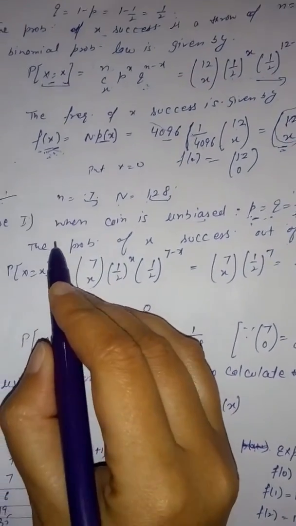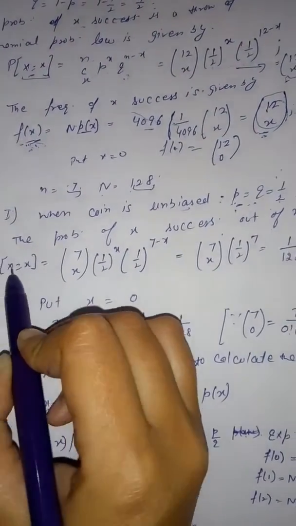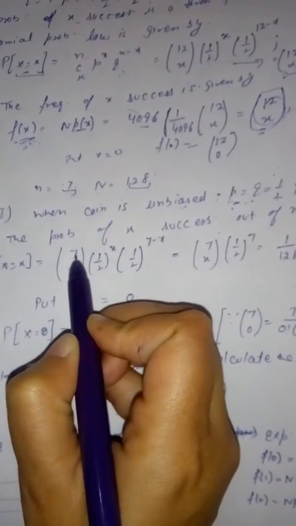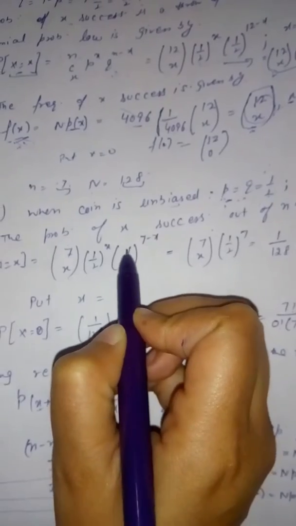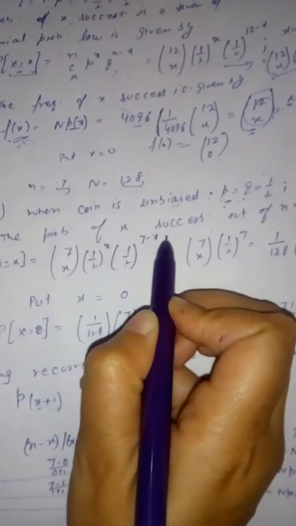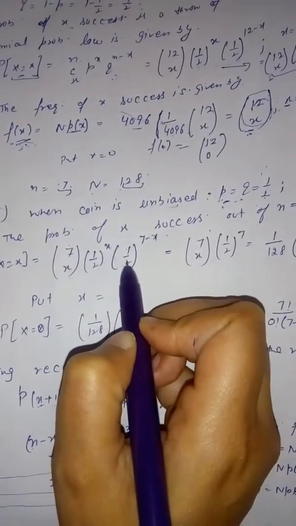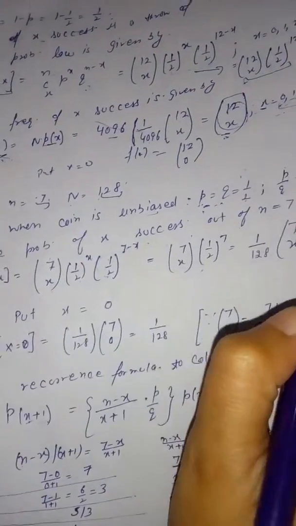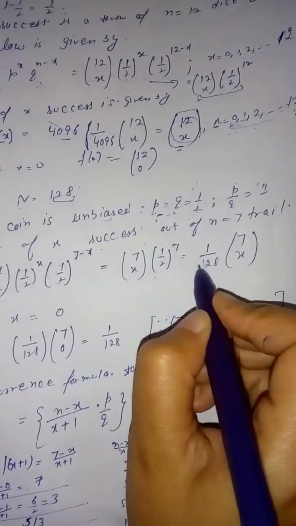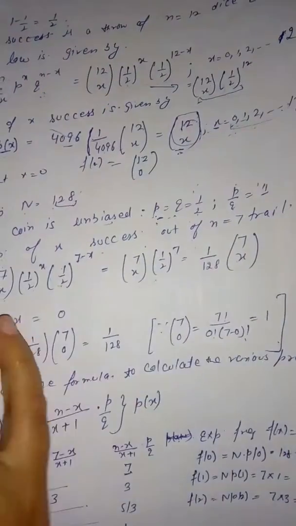First of all we find the probability of x successes, that is p(x) equal to 7Cx, (1 by 2) to the power x and (1 by 2) to the power n minus x, q is equal to 1 by 2. So n is equal to 7, 7 minus x, and solving this we get 1 by 128, 7Cx, right?